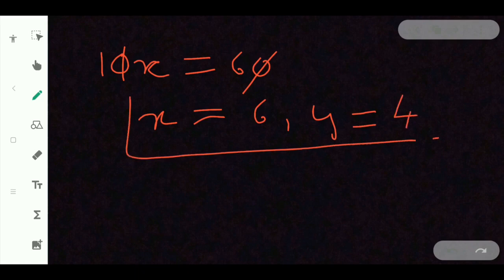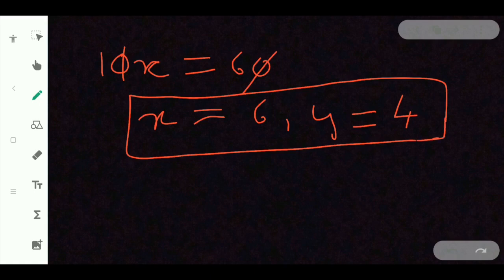So we got both the values of x and y. So this is the way we will be finding the values of the variables.